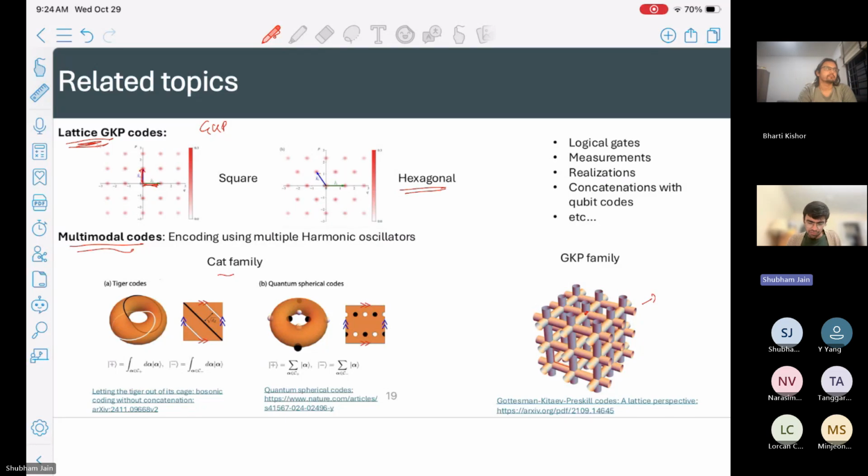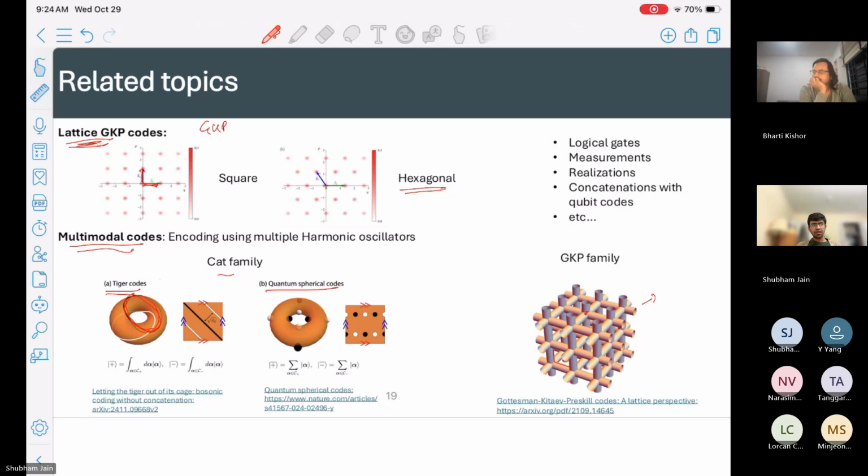Recently, there has been work on more interesting families of multimodal cat codes, where the most prominent ones are these tiger codes and the quantum spherical codes. These tiger codes are actually infinite superpositions of curves which are on the torus. So a zero code state would have contribution from all of the states on this black curve, and the one code state would have contribution from this white curve.